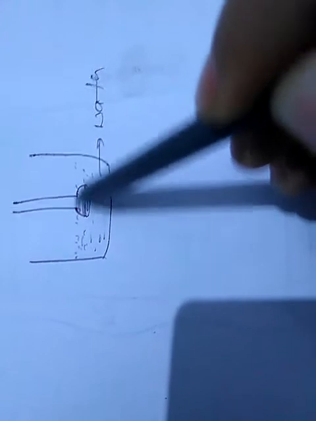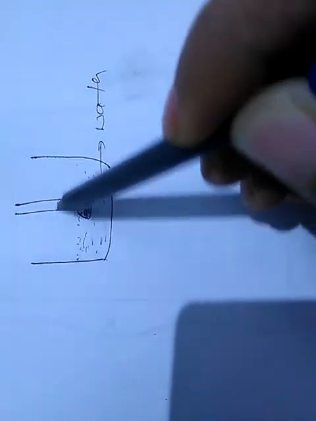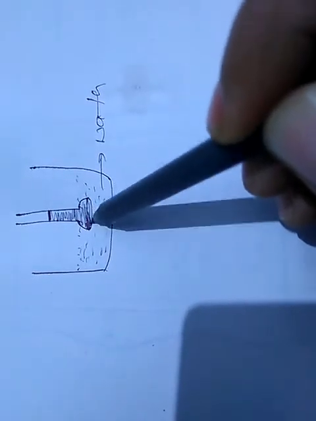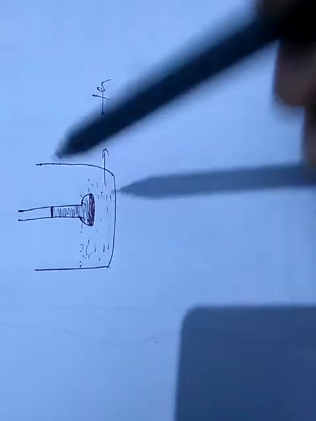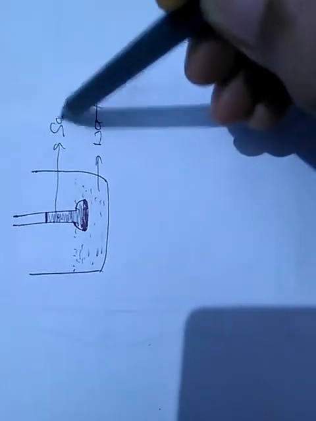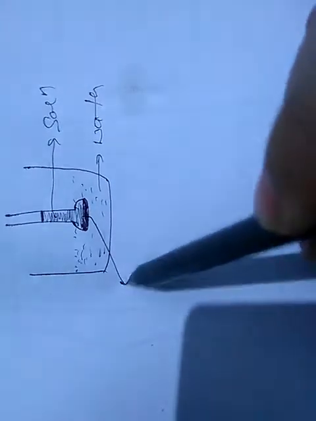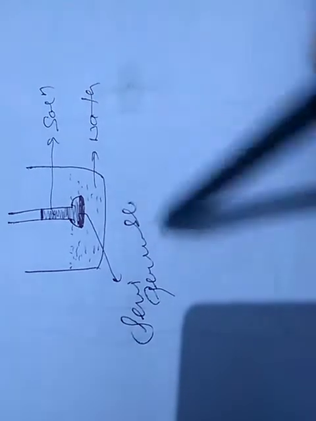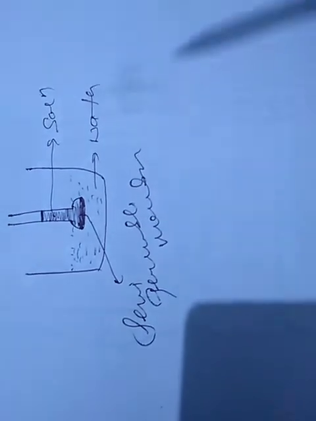This thistle funnel is containing solution up to a certain level. The mouth of the thistle funnel is covered with a membrane which is a semi-permeable membrane. Here is the solution and this is the semi-permeable membrane.